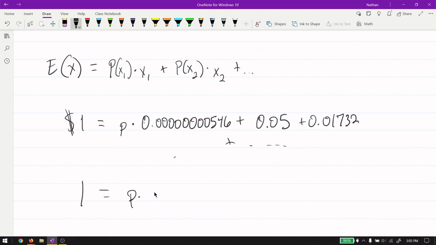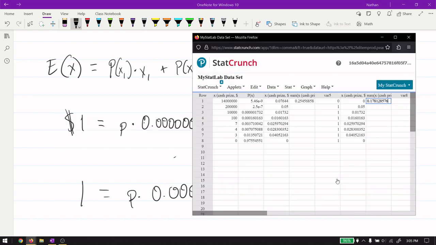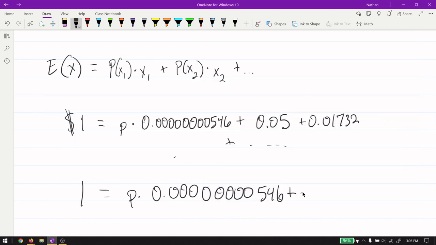1 equals P times 0.00000000546, plus 0.178128576.